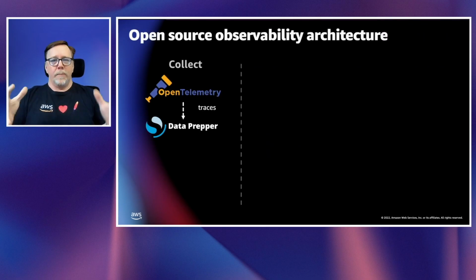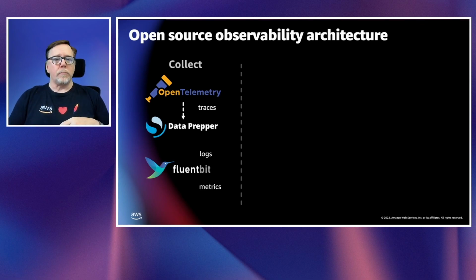So we're going to take all of those pieces and build them into one example architecture that is an open source focused architecture. On the collection side, we have our OpenTelemetry collector that's going to bring in traces and get those to Data Prepper, which is going to prepare them. We also have FluentBit collecting metrics and bringing those into Data Prepper.